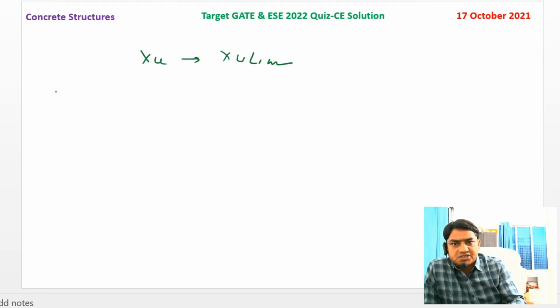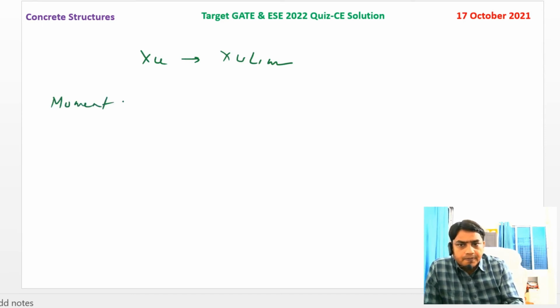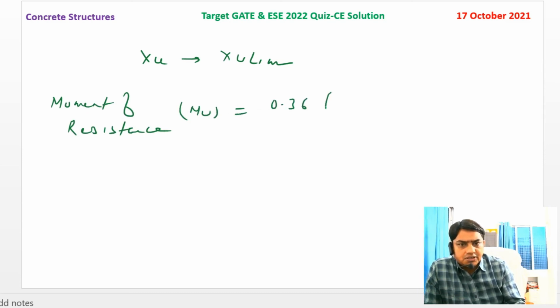The moment of resistance Mu in case of an over reinforced section can be computed as 0.36 fck b XU limiting into d minus 0.42 XU limiting.